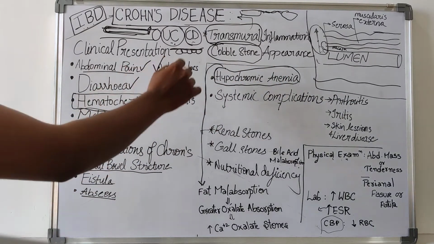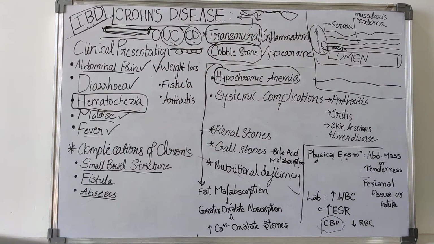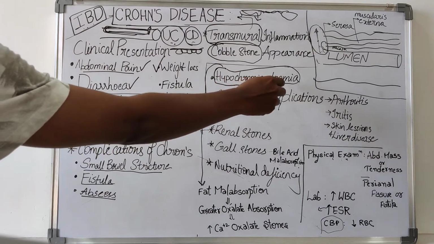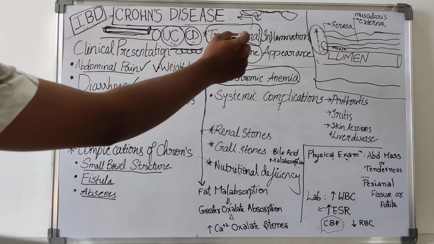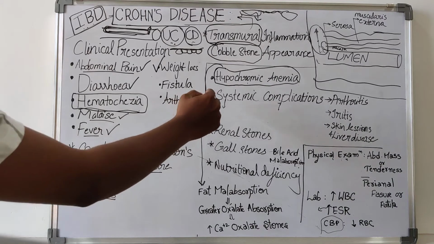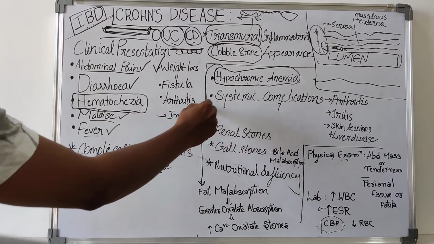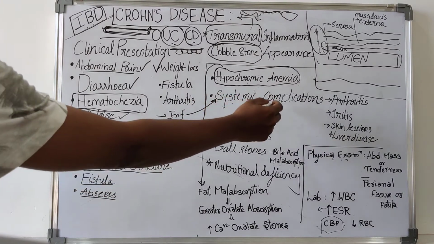Because of bleeding from these inflammatory sites, there will be loss of blood, which results in hypochromic anemia. And because of this inflammation, there will be presence of inflammatory mediators in the patient. These inflammatory mediators enter the bloodstream and result in systemic complications.